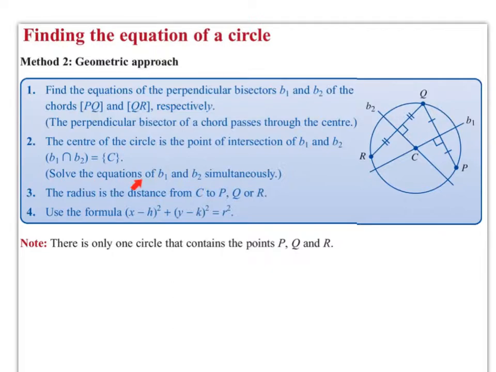Step 3, the radius is the distance from C to P, or to Q, or to R. So from C to P will give us the radius, from C to Q will give us the radius, and from C to R will give us the radius. Step 4, use the formula (x − h)² + (y − k)² = r². Note, there is only one circle that contains the points P, Q and R.